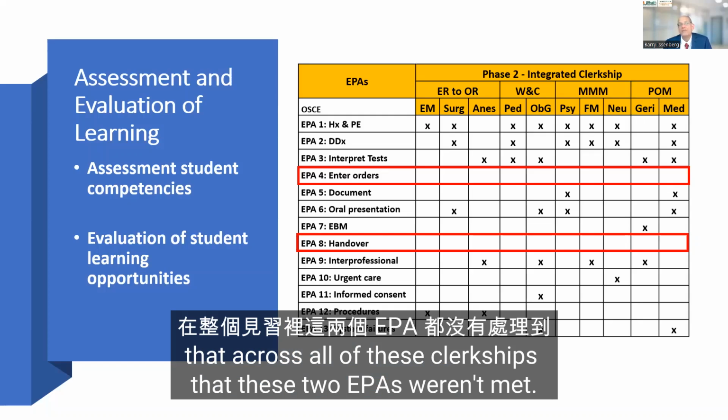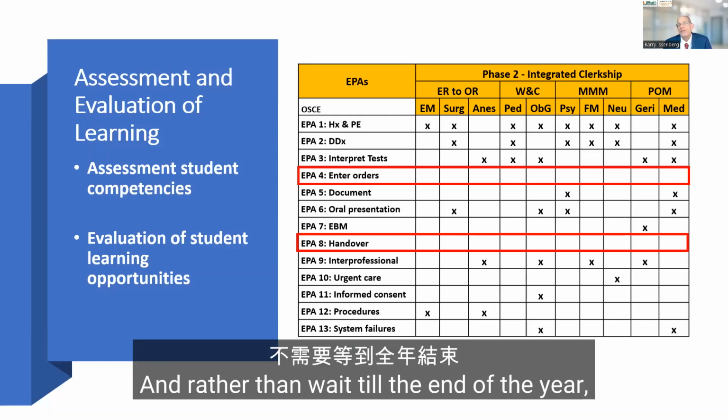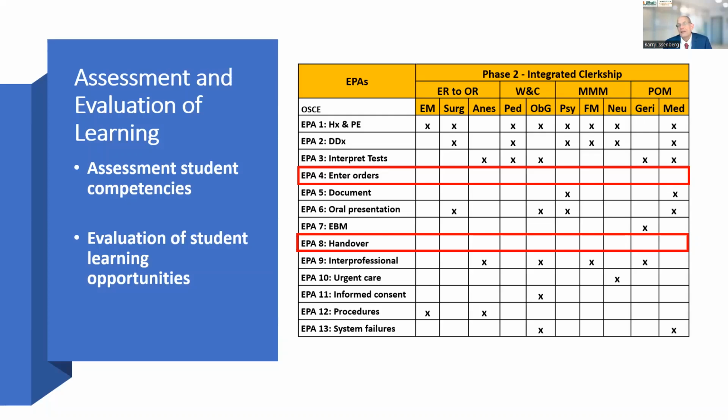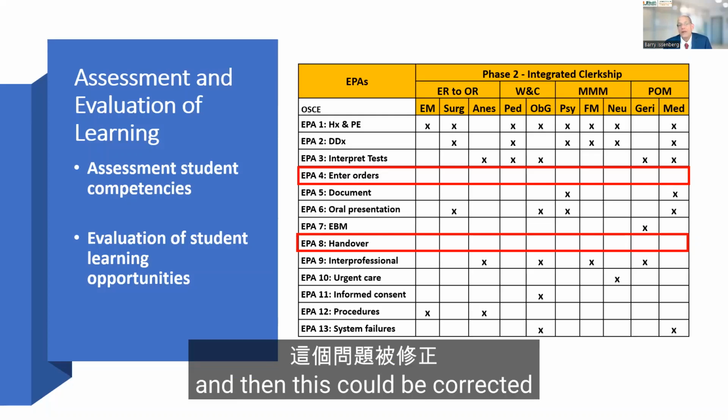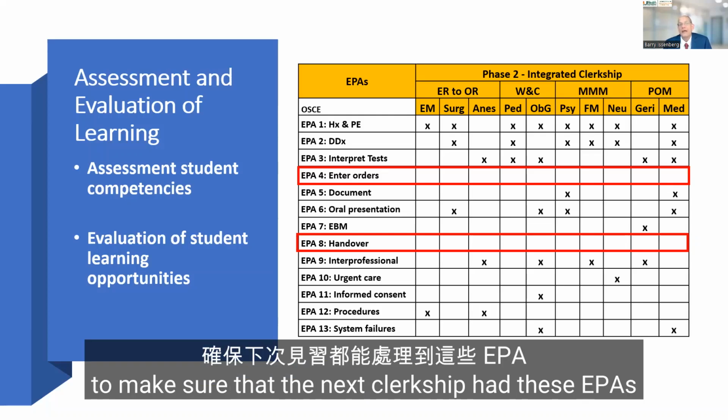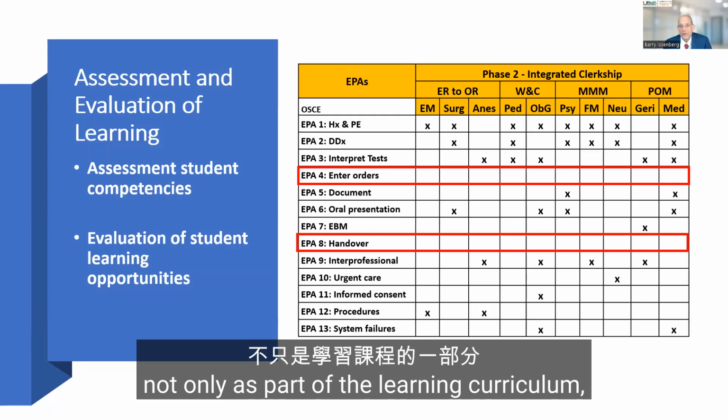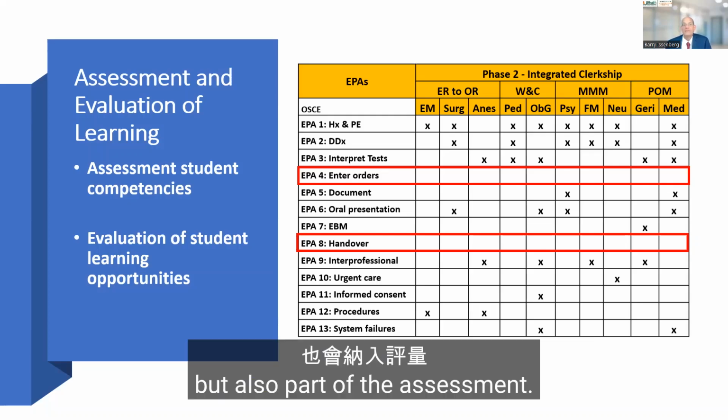And rather than wait till the end of the year, at the end of this 12-week clerkship, this was flagged, and then this could be corrected to make sure that the next clerkship had these EPAs not only as part of the learning curriculum, but also part of the assessment.